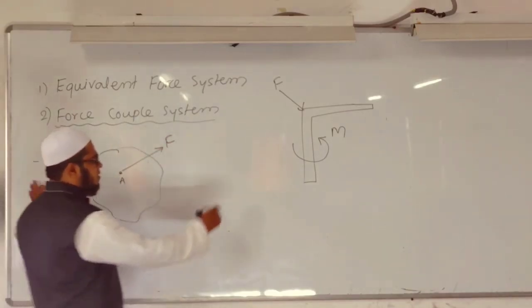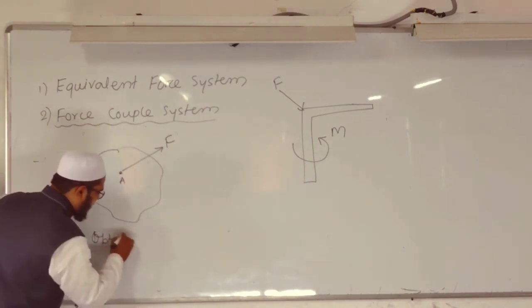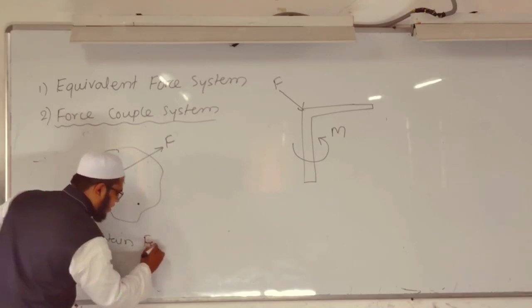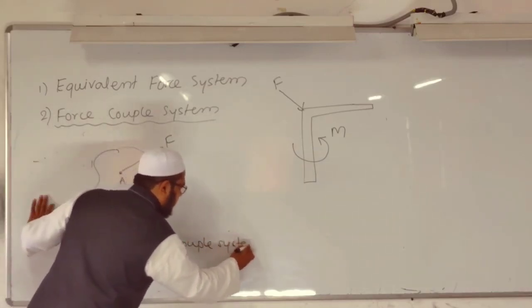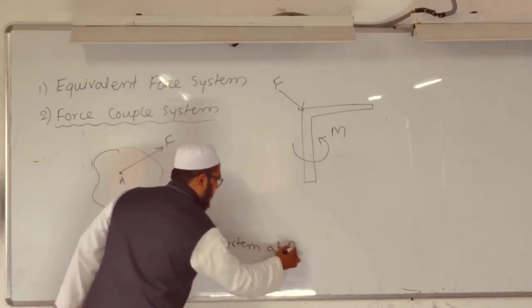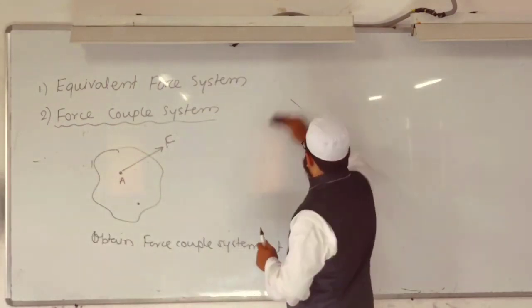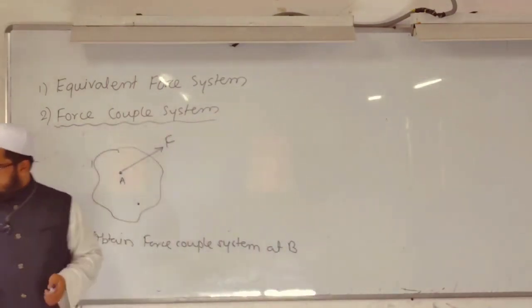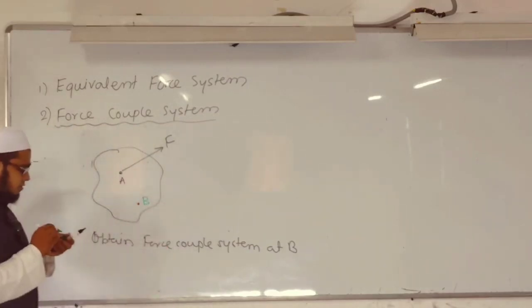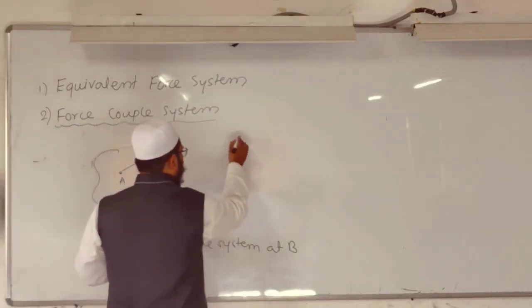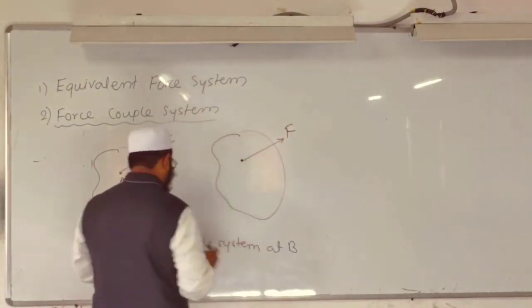In the problem statement, we have to obtain a force couple system at point B. How to obtain it? This is point B. Now listen here, we can understand how to obtain it. At point A, force F is acting.